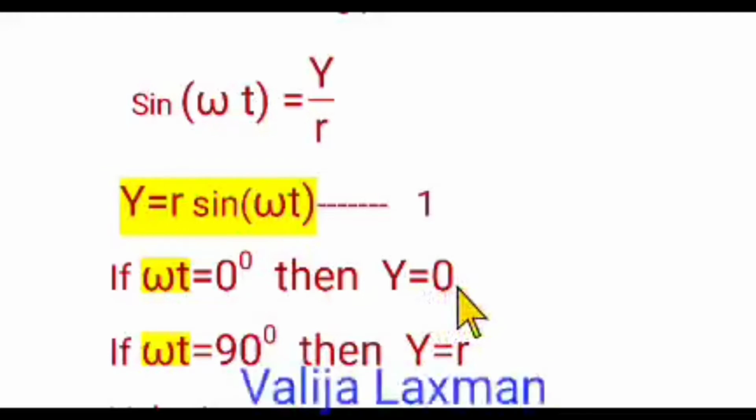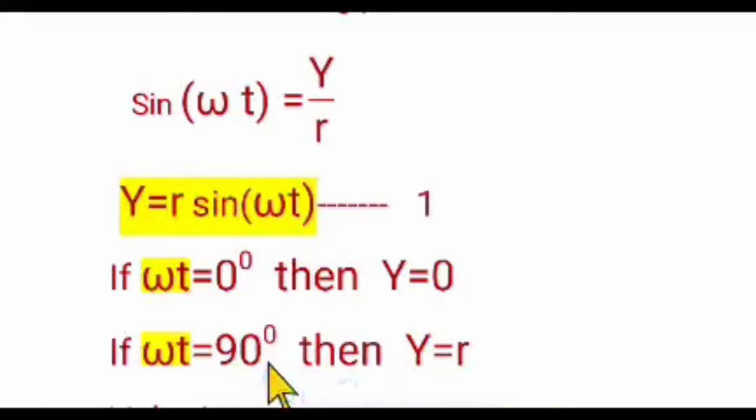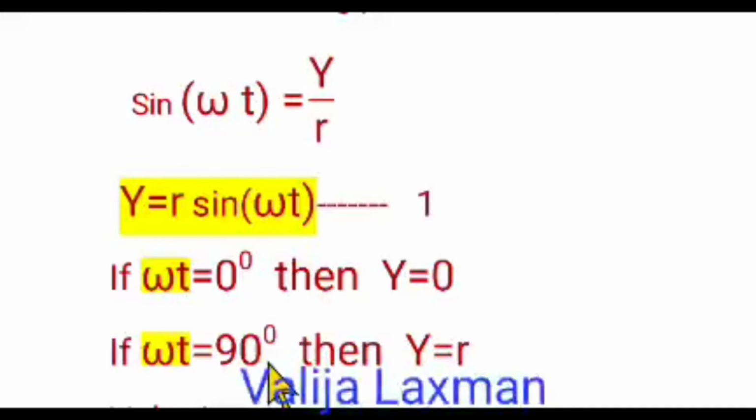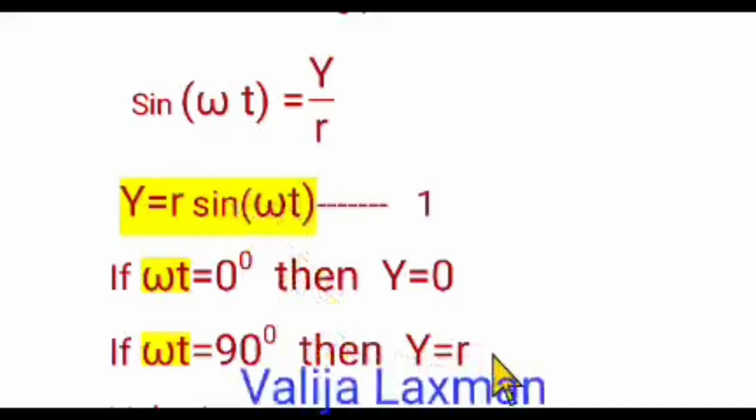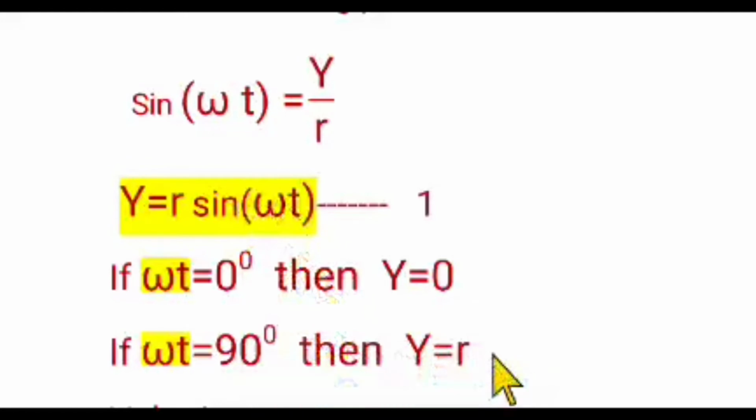Next, if you are substituting omega t equal to 90 degrees, that means the particle is at point B and foot of perpendicular is also at point B. Then if you are substituting 90 here, sin 90 is 1, so y is equal to r, that is nothing but the displacement is maximum.